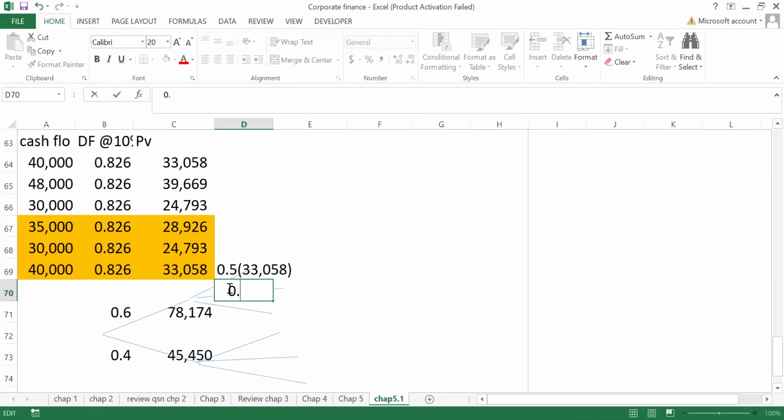We have a 0.3, and the cash flow is 39,669.